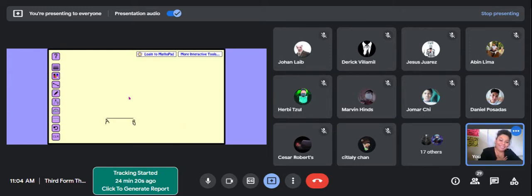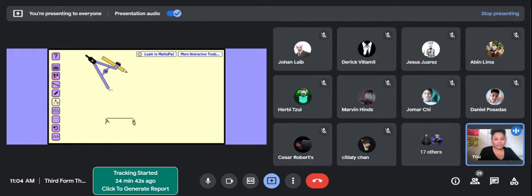Now, 120 degrees means that my line has to be somewhere in this direction, because my angle is more than 90 degrees, and it's gonna be somewhere around here. So my angle is gonna be a big angle. I need to construct that.